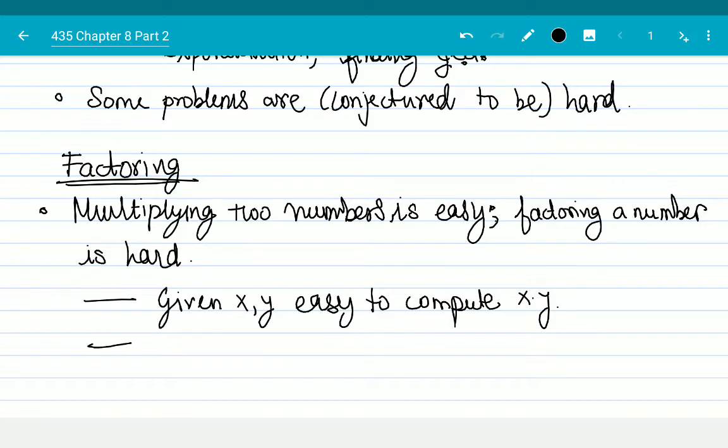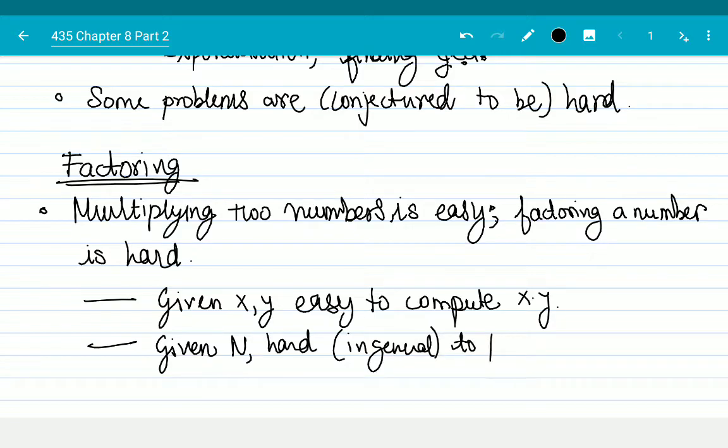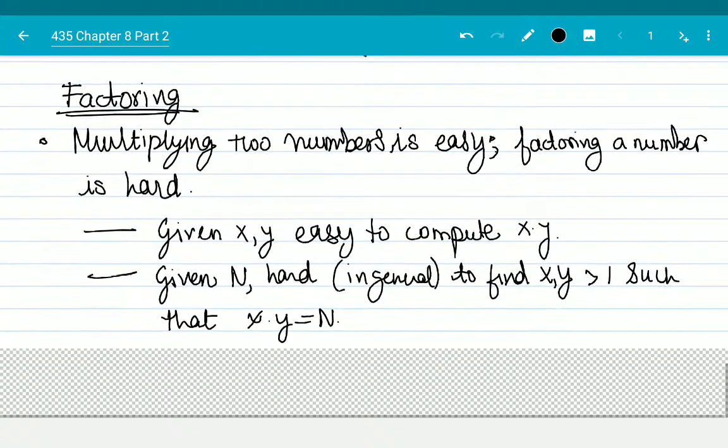It is polynomial time in the length of x and y. However, given n, it is hard in general to find x comma y both greater than 1 such that x times y is equal to n.